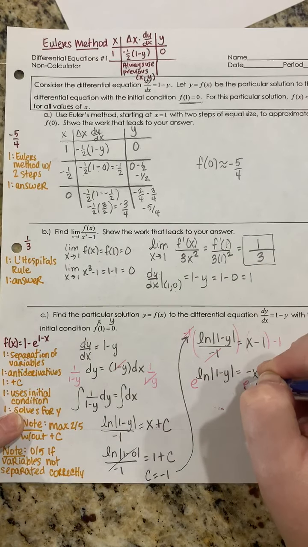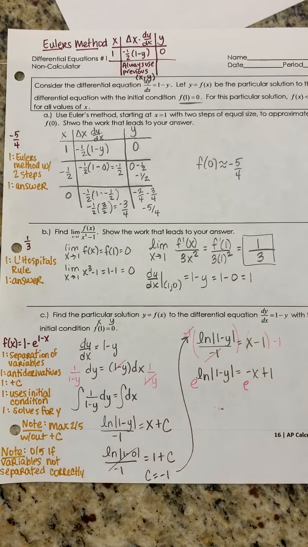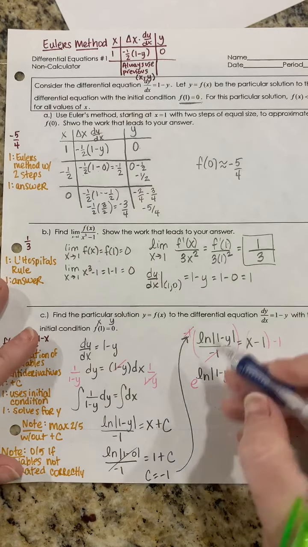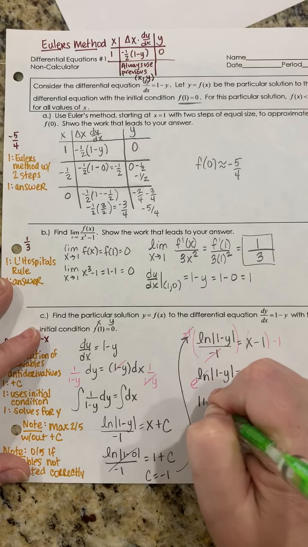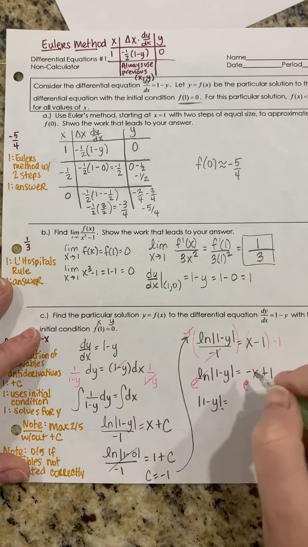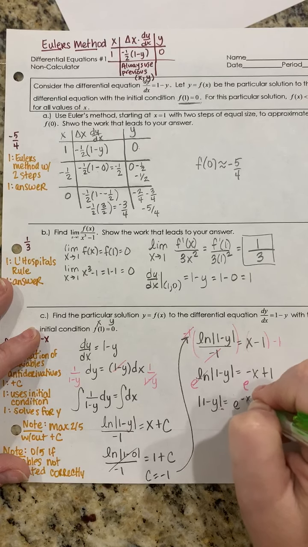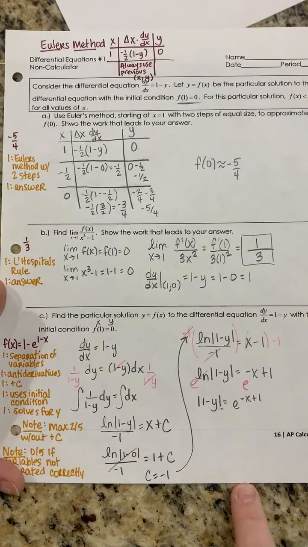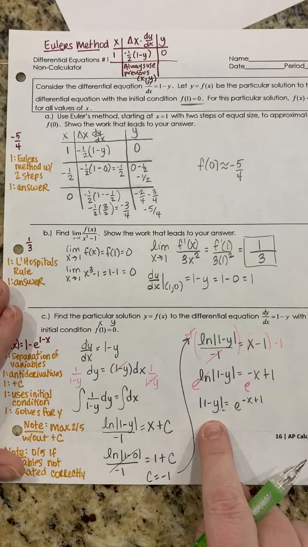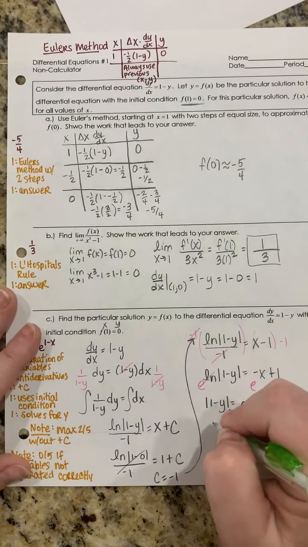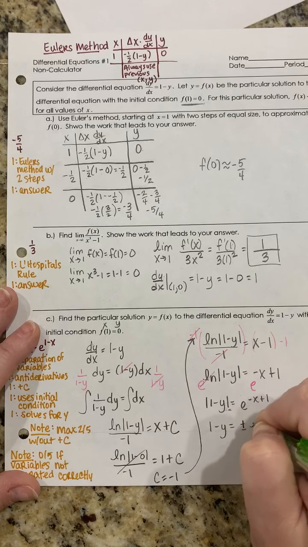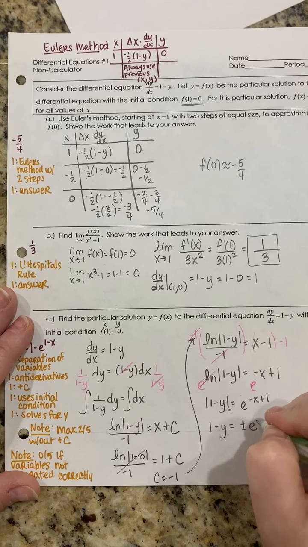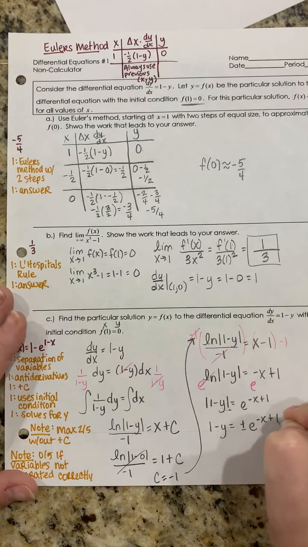So these are going to cancel, and I have the absolute value of 1 minus y equals e to the negative x plus 1. Remember, how do you get rid of the absolute value? You plus or minus both sides. So 1 minus y equals plus or minus e to the negative x plus 1.